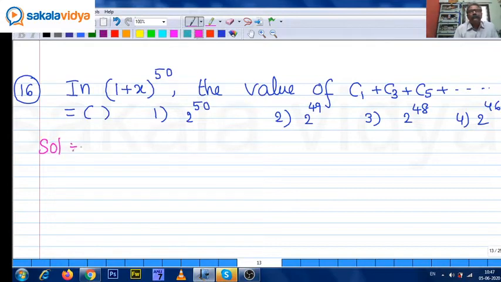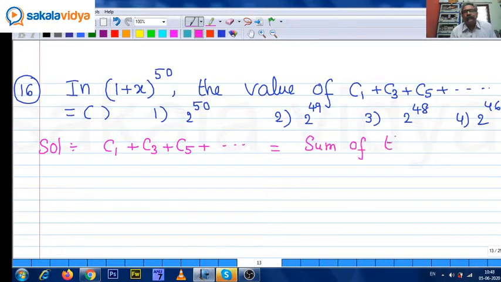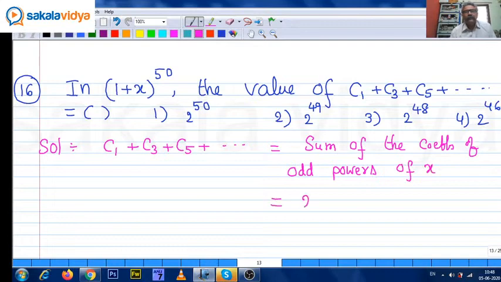Solution: C1 plus C3 plus C5 and so on equals the sum of the coefficients of the odd powers of x, which is equal to 2 to the power of n minus 1.